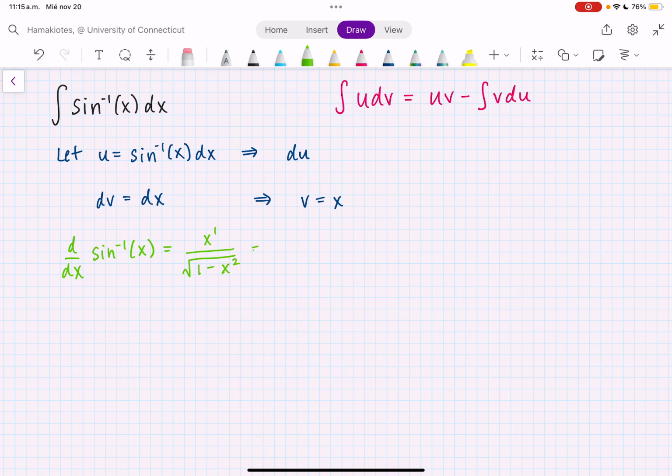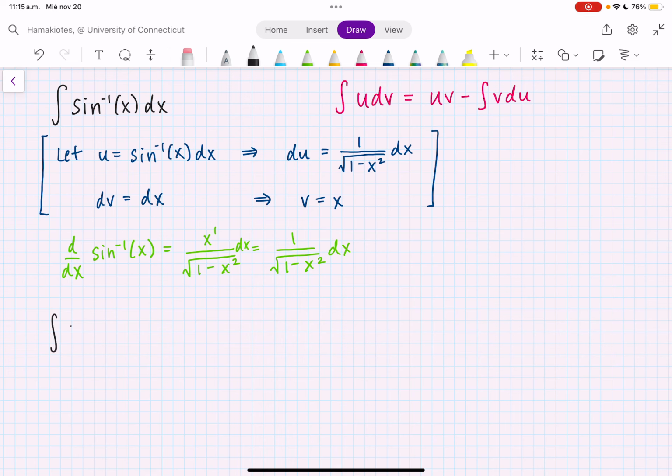The derivative of x is just 1, so this is 1 over the square root of 1 minus x squared, and there should be dx's here. Great, so du is going to equal 1 over the square root of 1 minus x squared dx.